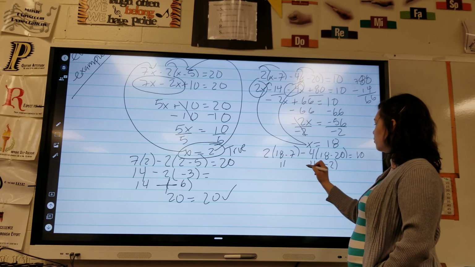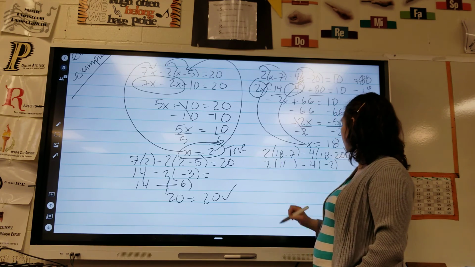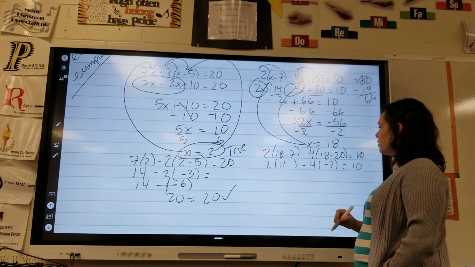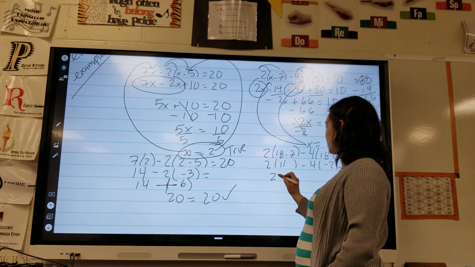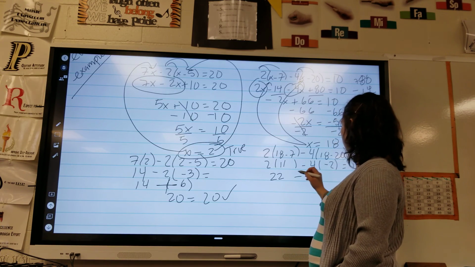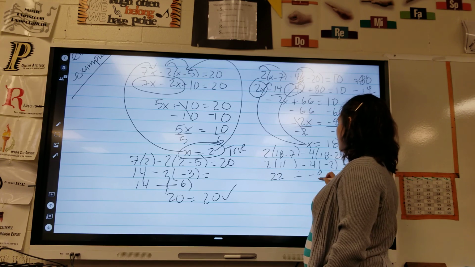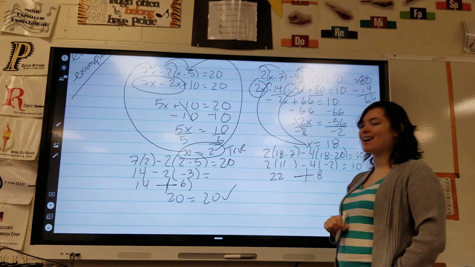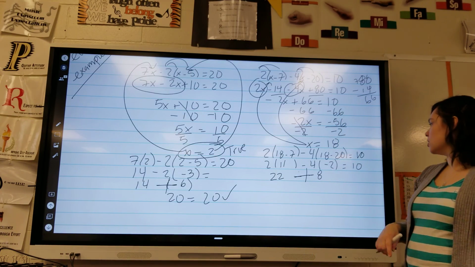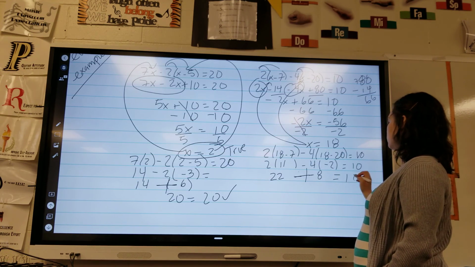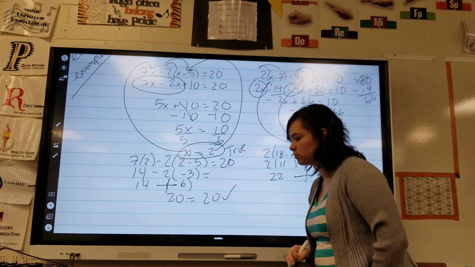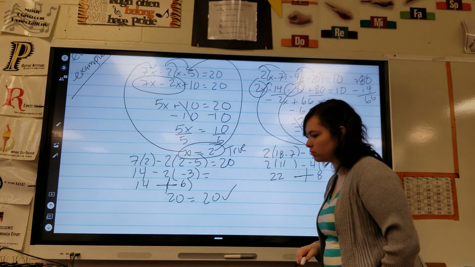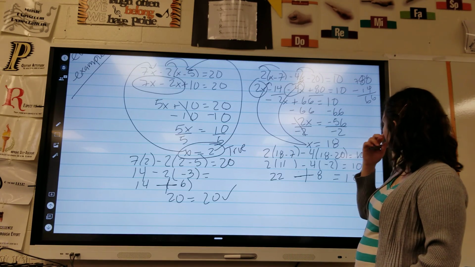Okay, then we can rewrite everything. Now we're going to do the multiplication. 22 minus a negative 8. But again, subtracting a negative is like adding a positive. So, that's supposed to equal 10. Right? Or is it supposed to equal 12?